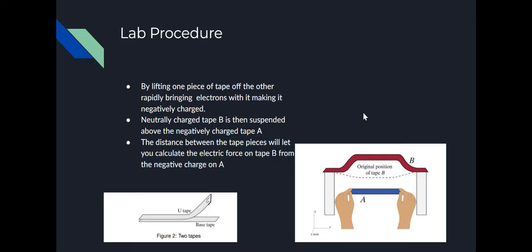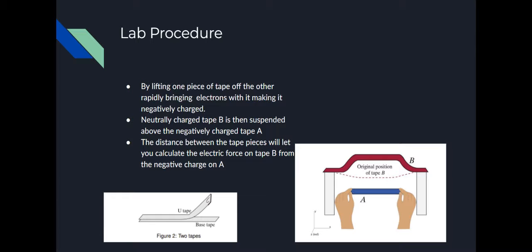So this is how the procedure of the lab worked out. By taping one piece of tape to another in the bottom left figure, you're able to see that once you pull it off, it pulls electrons with it, just based on the electrostatic interaction.